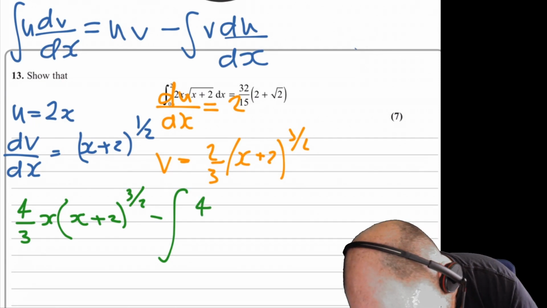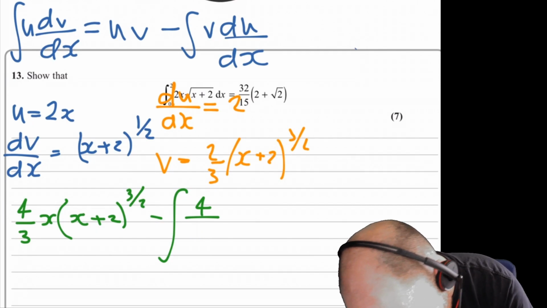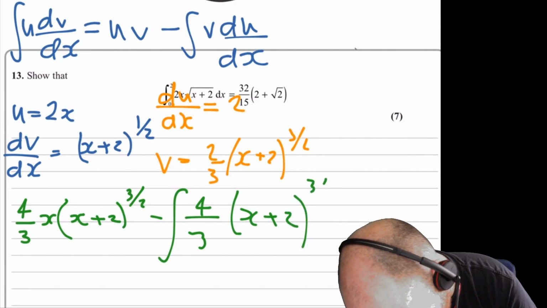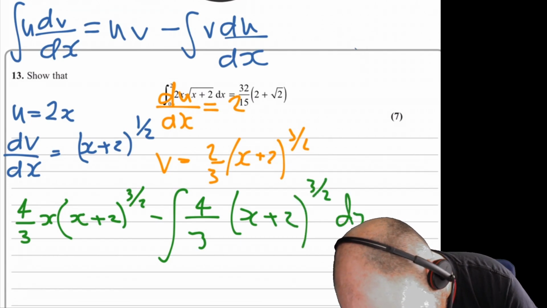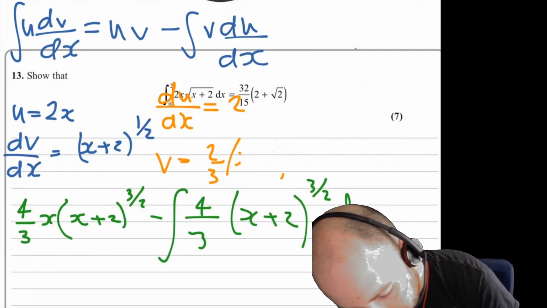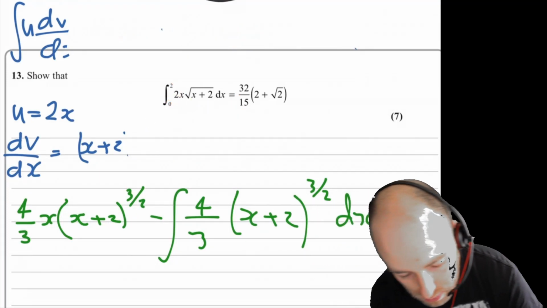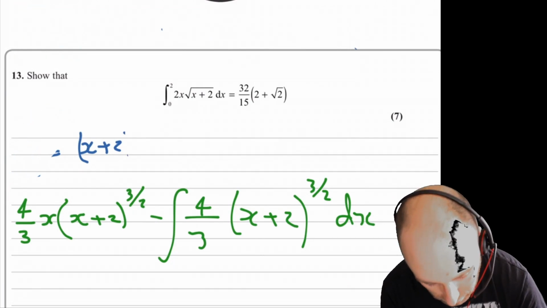So minus the integral of 4/3 x plus 2 to the 3 over 2 dx. So we just need to do that second integral, which doesn't look too bad. This is going to be alright, I think.